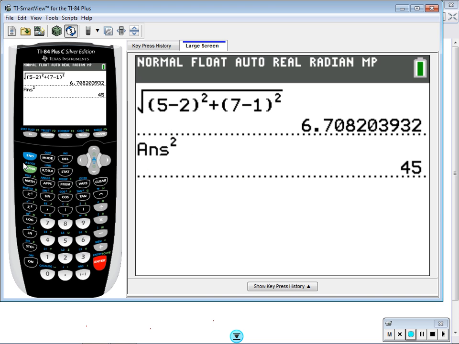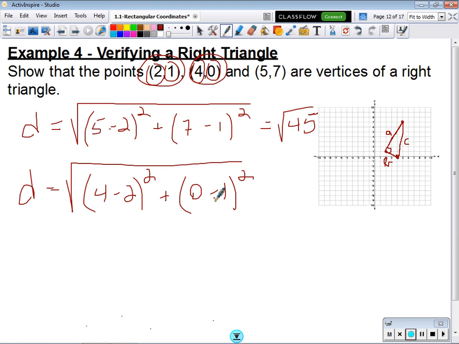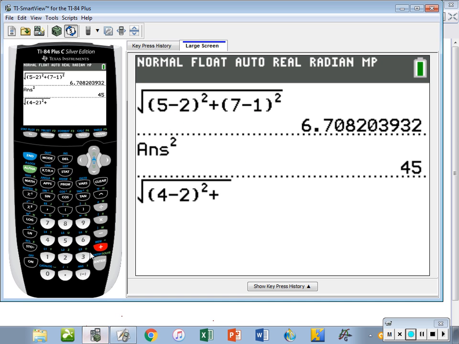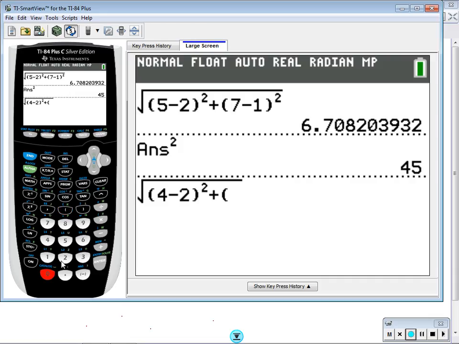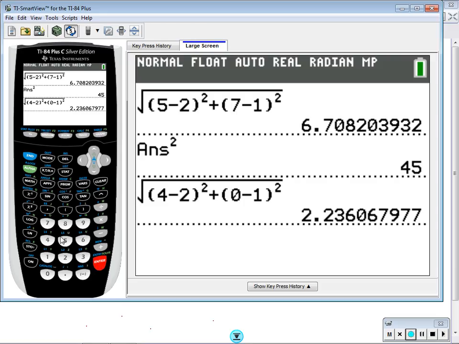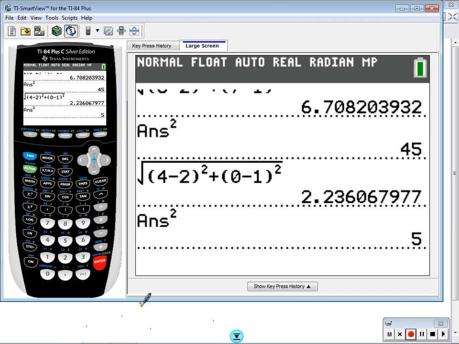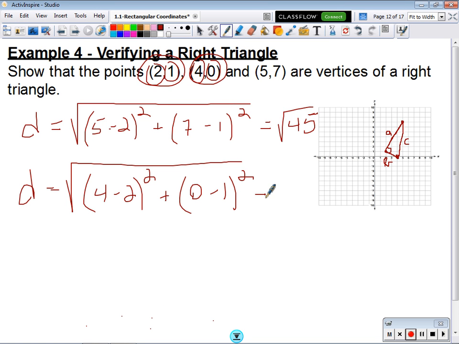I have the square root of 4 minus 2 squared, plus a new parentheses, 0 minus 1 squared. And when I work that out, I get 2.236. If I square that, this comes out to be roughly the square root of 5. So I'm just going to leave this as the square root of 5.